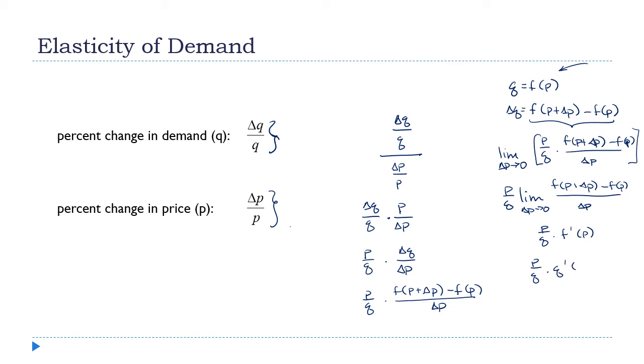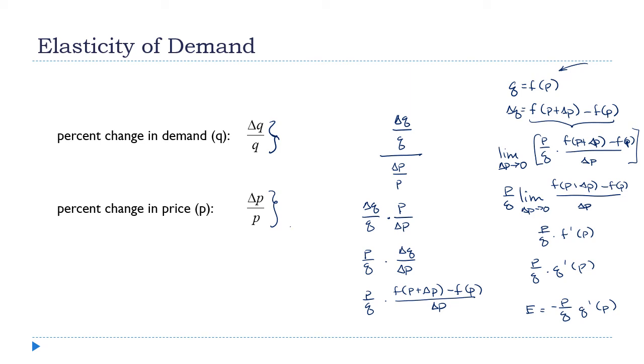And let's make it clear, Q prime of P, that is a function of the price. Okay, this is what we want for our elasticity, although the economics guys do make one little switch. The way elasticity is defined, elasticity is negative P over Q times Q prime of P. They throw that negative sign out in front.